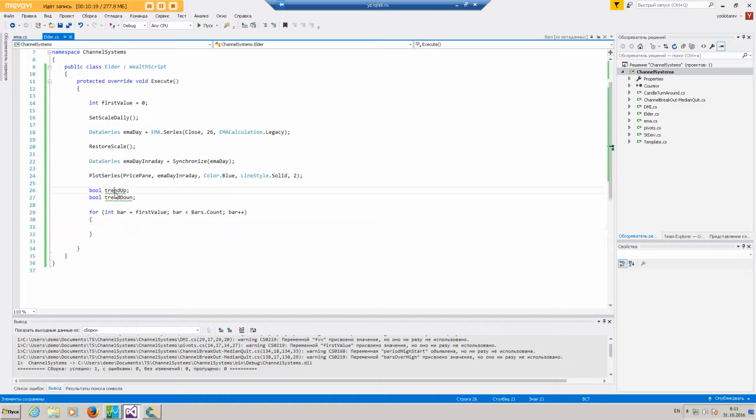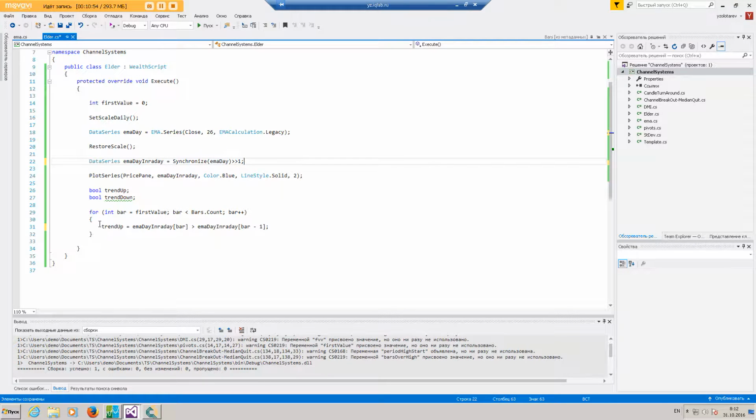Now, what's trend up going to be? Trend up is going to be the EMA. We're going to be looking at this one, aren't we? So on bar, it has to be bigger than on bar -1. Let's shift this by 1 bar so we get everything correct.